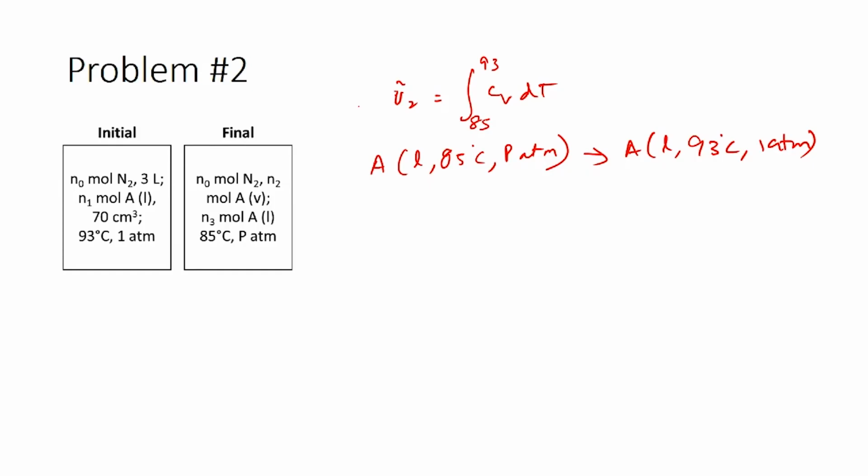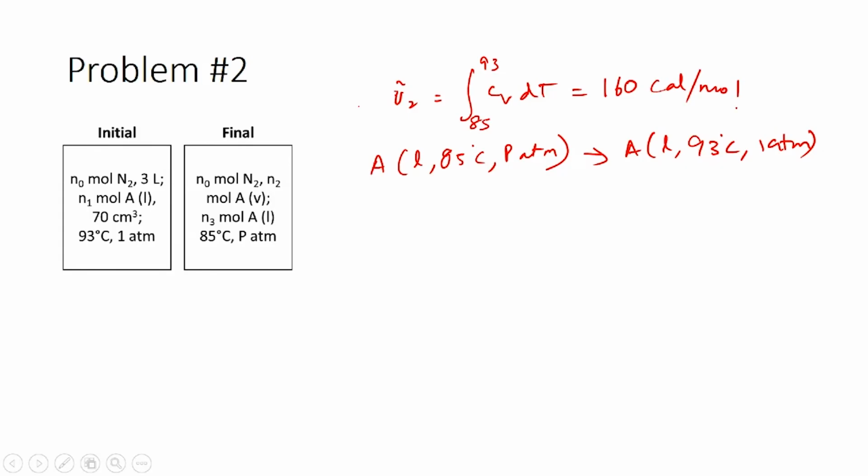We already calculated the Cv for the liquid component A. Using that, we can calculate the change in internal energy U2 cap for this process. So, this would be 160 calories per mole.